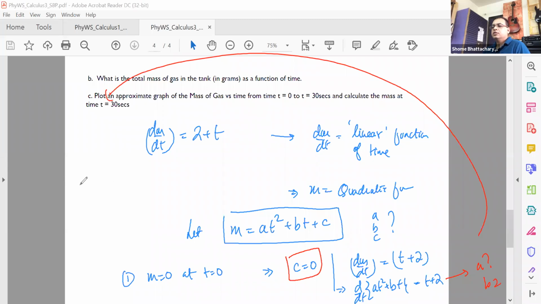Now differentiate the left hand side. Differentiation will be 2at plus b. So this should be equal to t plus 2. That means 2a should be equal to 1, since the coefficient of t is the same, and b should be equal to 2. So a should be equal to 0.5 and b is 2. We got that.